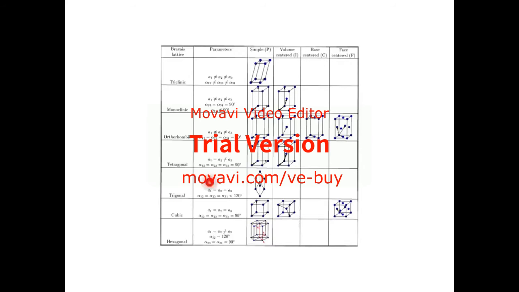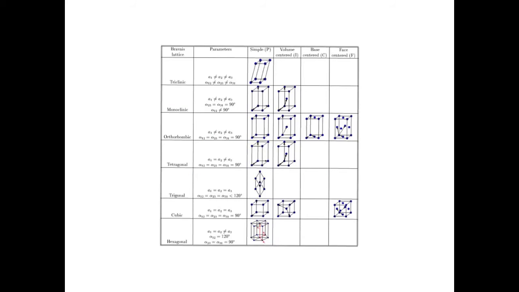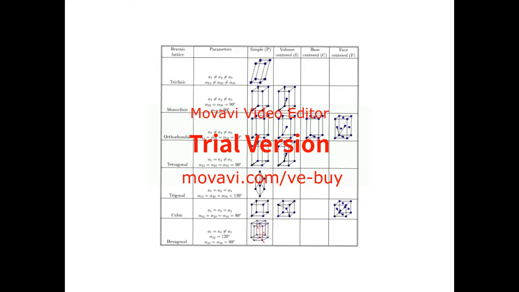Going further down the list, we have the trigonal system, where A1 equals A2 equals A3, and all the angles are also equal, but they are all less than 120 degrees. Moving next, we come to the cubic system, which happens to be the most symmetric of them all. A1 equals A2 equals A3, and all the angles are equal to 90 degrees, creating a cubic unit cell.